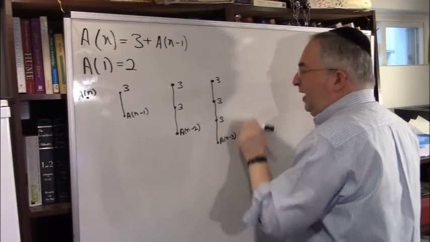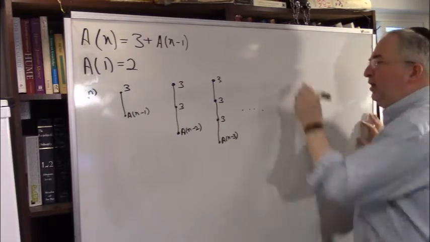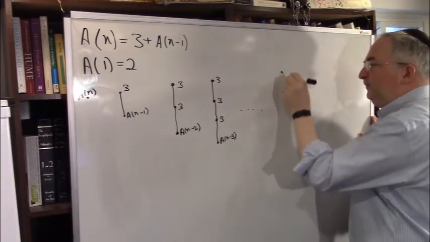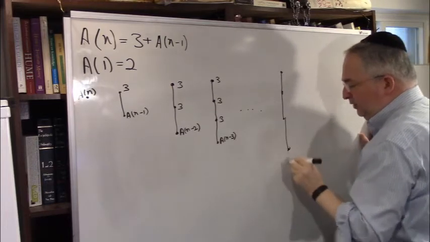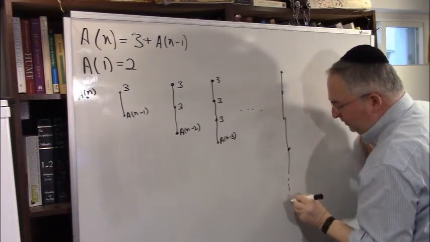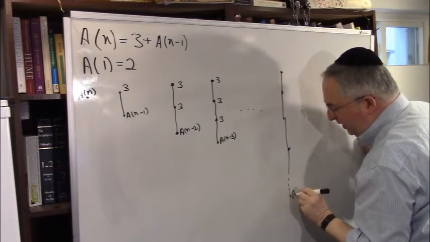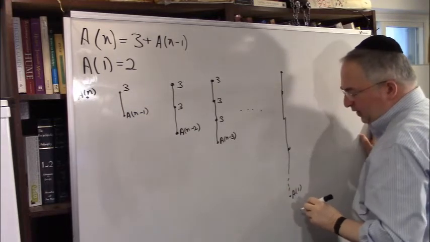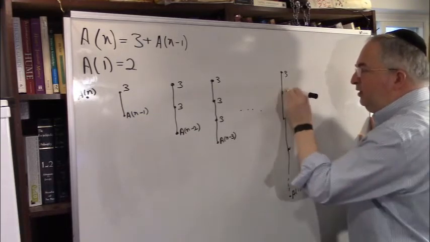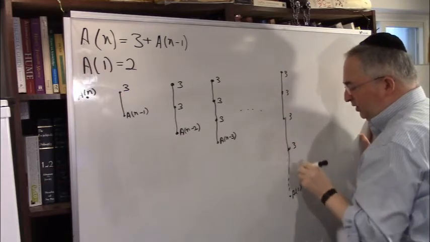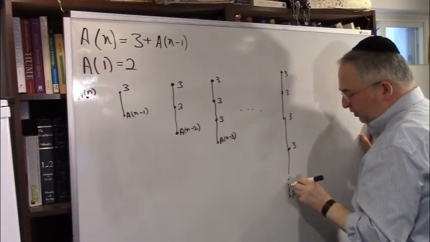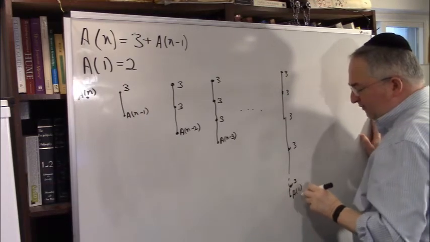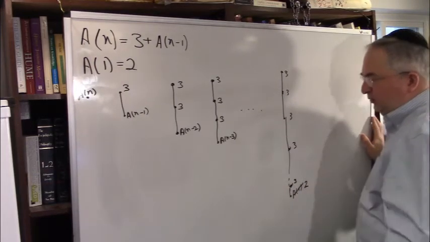And this goes on. At the end, what do you have? Dot, dot, dot. This is going to be A of 1. So this is going to be 3, 3, 3, 3, dot, dot, dot. There's going to be a 3 over here, and then you're going to have A of 1. A of 1 is another way of saying 2.